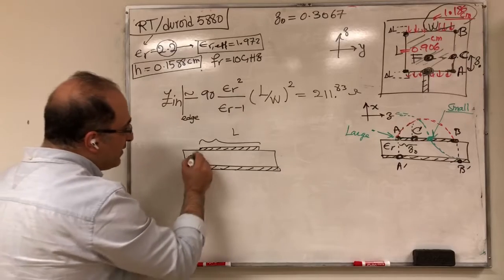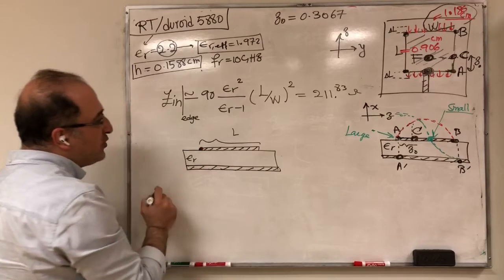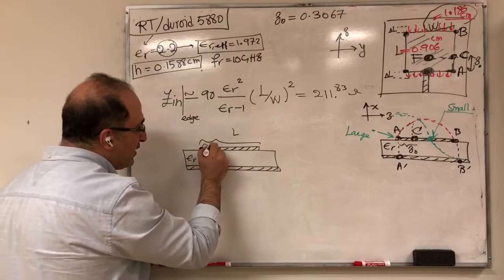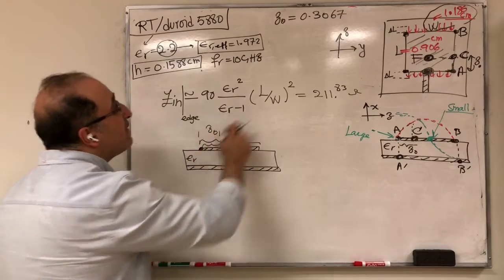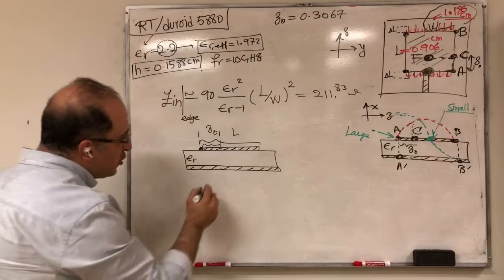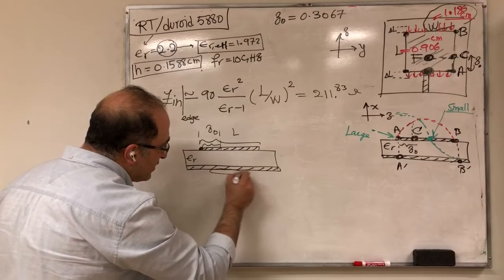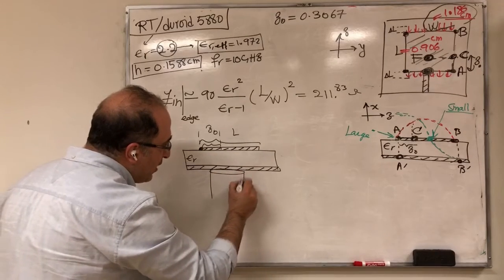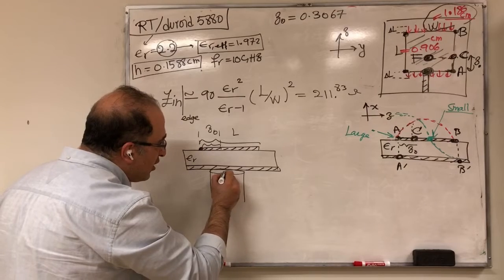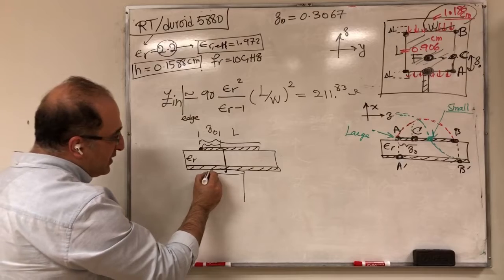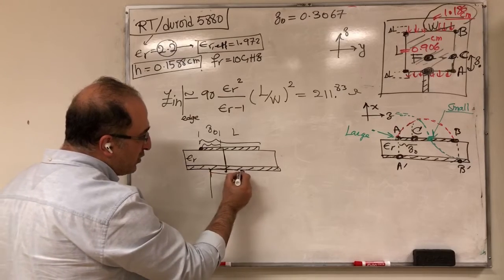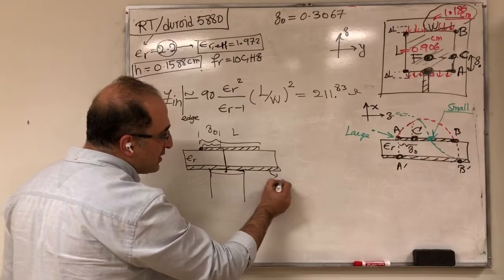So we said that we're not going to feed at the edge, so we need to go a little bit in, and this a little bit in here was characterized by Z naught that we found here. So imagine now you have a coaxial cable, and the inner conductor would be soldered to this point. So essentially, the outer conductor is soldered to the ground plane. So let's call this ground plane.